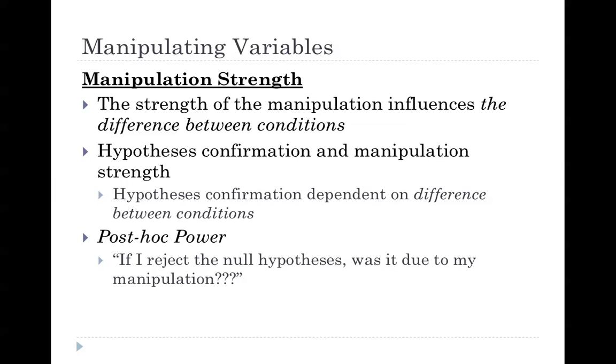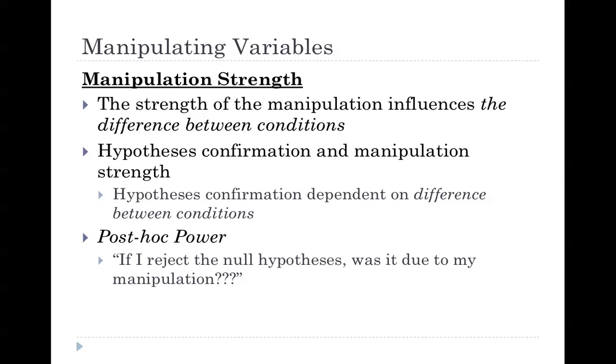Now, one thing to do to really check the effect of your manipulation is called post hoc power. The idea of post hoc power is that you say, if I reject my null hypothesis, so I reject the idea that there's no difference between my conditions, you ask yourself, was it due to my manipulation?